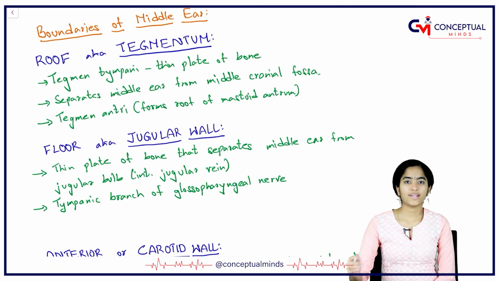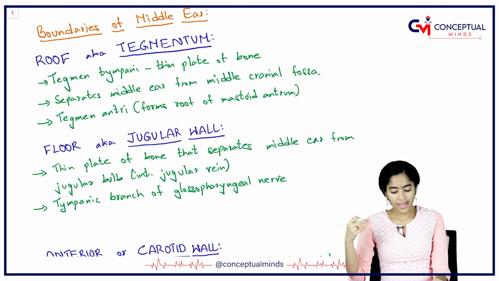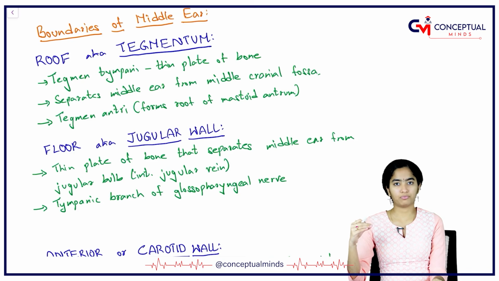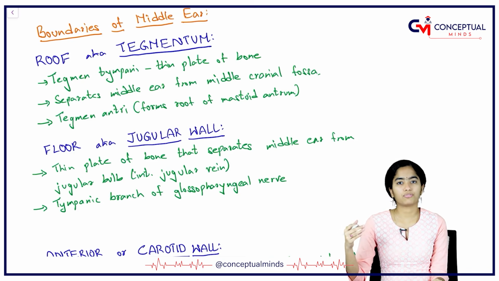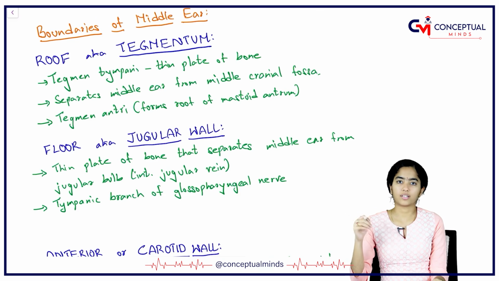And tegmen antri is the continuation of the roof that forms the roof of mastoid antrum. That's all about tegmen. And the floor is another thin plate of bone that separates middle ear from internal jugular vein or jugular bulb. And tympanic branch of glossopharyngeal nerve is entering the middle ear via the floor.